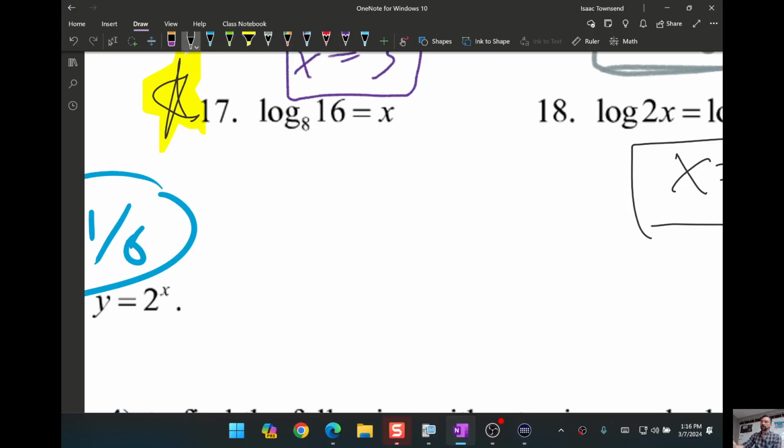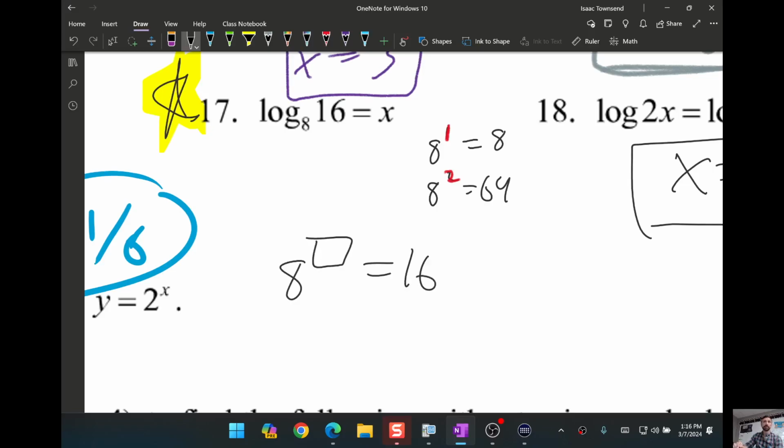So first off, I know the answer's between 1 and 2 because 8 to the first is only 8. Not quite 16, and 8 squared is 64, way bigger than 16. So if I know the answer's between 1 and 2, that tells me my answer's got to be a fraction. So I ultimately want to know 8 to what power gives me 16, and I know this is a fraction.